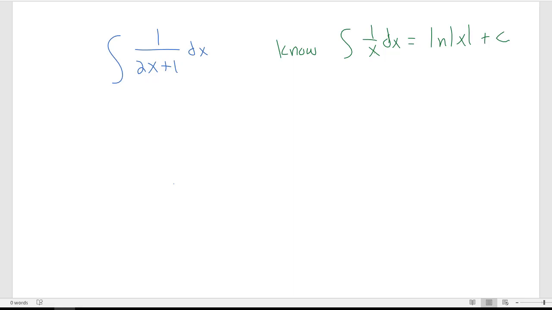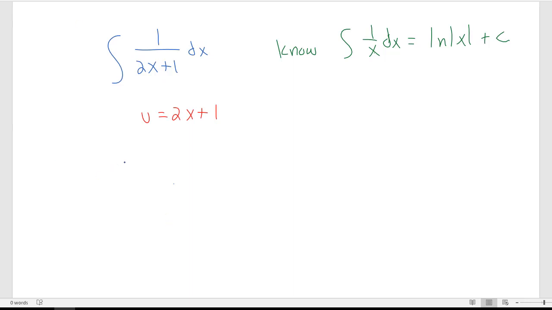So what we're going to do is what we call a change of variable. This is our U-substitution. What would be really cool here is if all of this stuff right here was just x. So I'm going to do a substitution, and I'm going to let this new variable u replace that entire denominator.